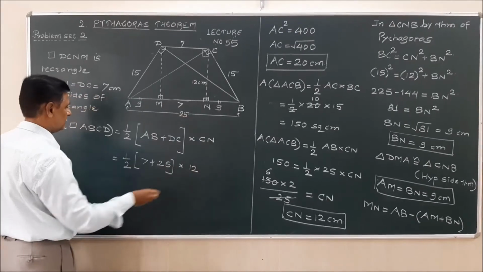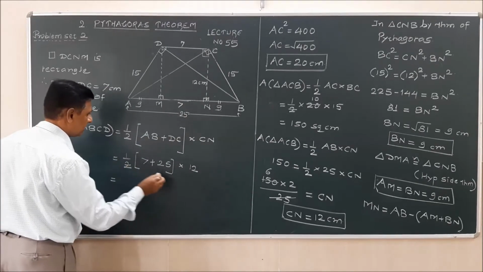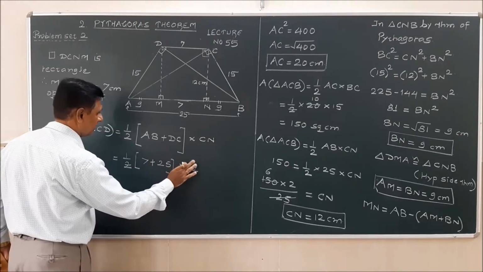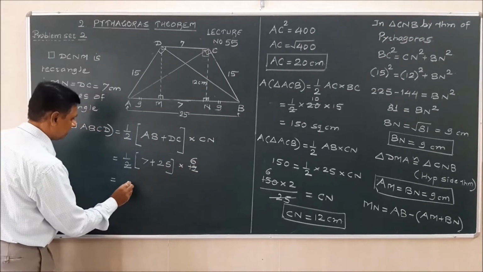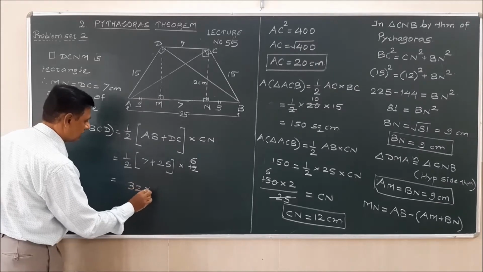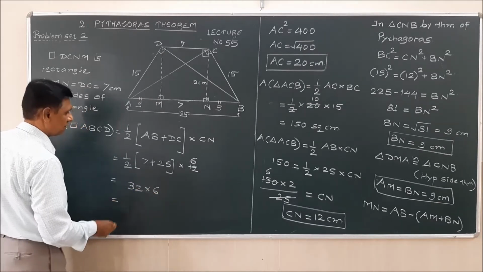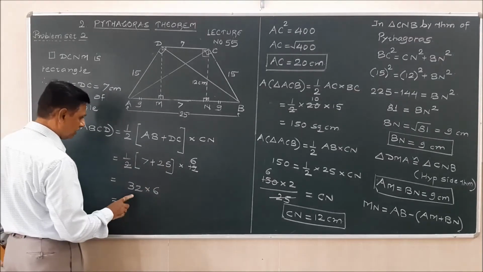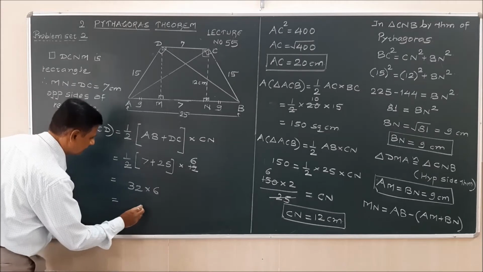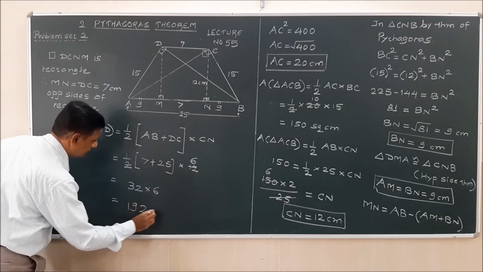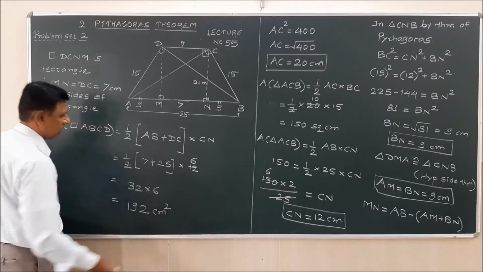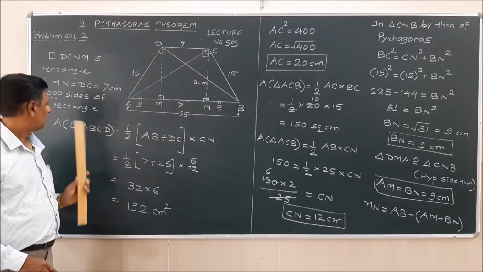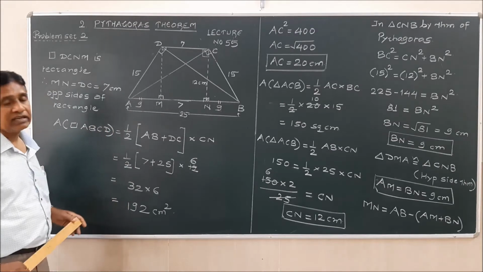CN is 12. Here you will find 2 sixes are 12. 32 into 6. 25 plus 7 is 32. So this is how we will be getting the area of this trapezoid as 192.